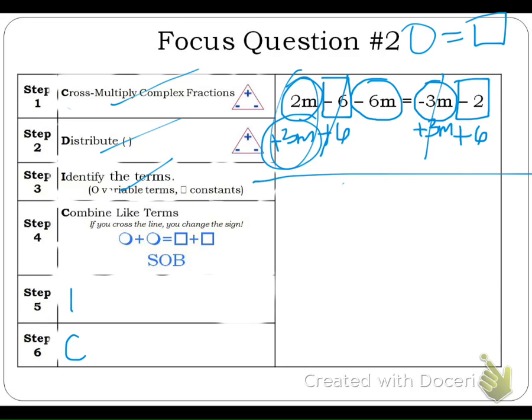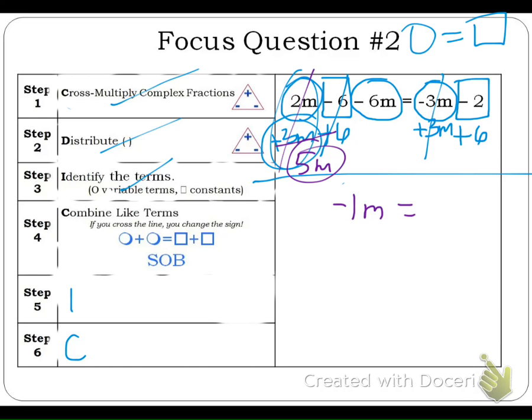So 2 plus 3 is 5. So we got a 5m when we combine those two together, which is still a variable that we need to combine with the other variable term of the negative 6m. That's opposite signs, so you have to subtract. 6 minus 5 is 1m, but the bigger sign wins, so it's a negative 1m.